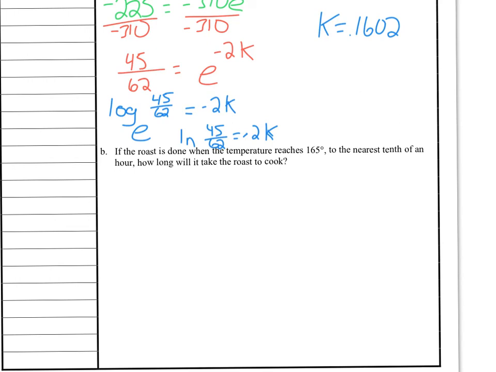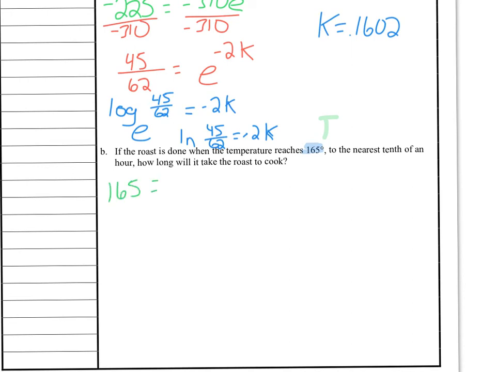So we now need to plug in again, but this time we don't know t and we do know k. They're changing one other part too. The roast is done when the temperature reaches 165. So the temperature of the roast after t hours, our capital T, will now become 165.